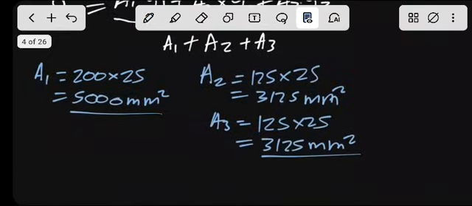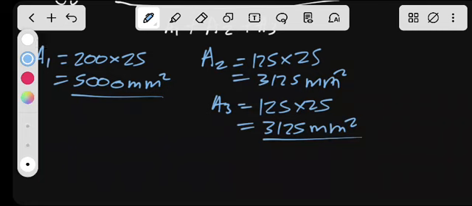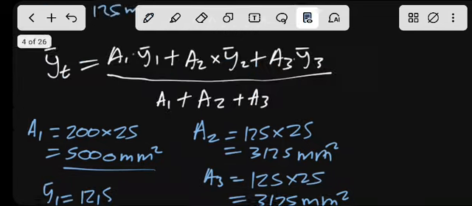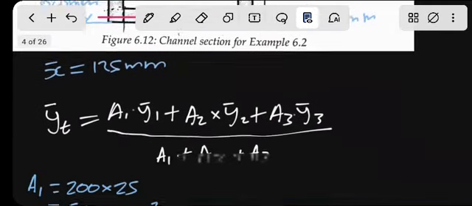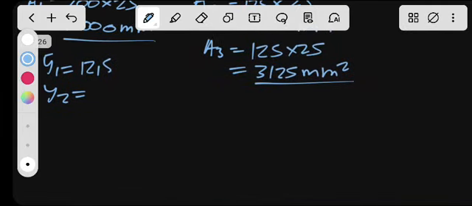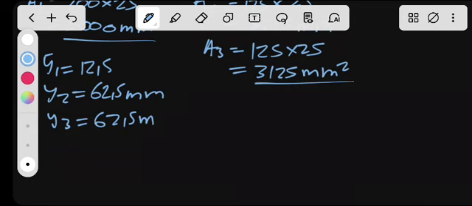So y bar 1 is equal to 12.5, y bar 2 is 62.5, and the same for y3, 62.5 millimeter. These are the same. All right, we have everything now.